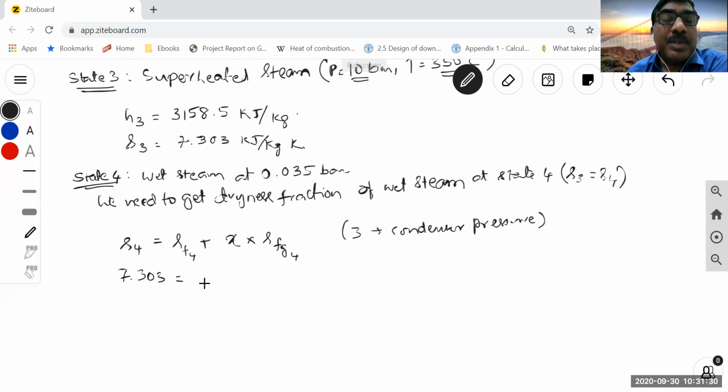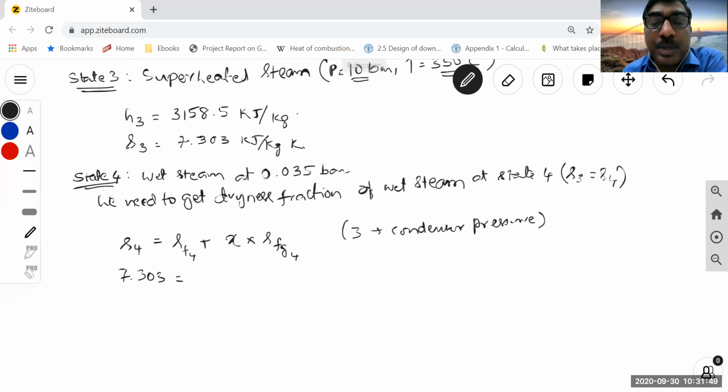So from the saturation table we have to find out the entropy of the saturated liquid and the entropy of latent heat of vaporization.